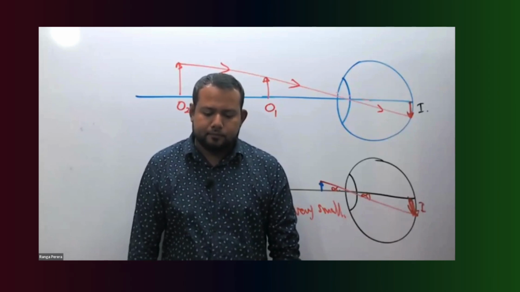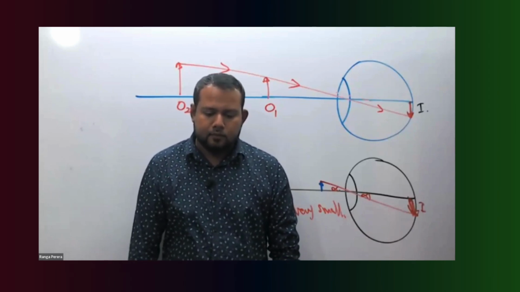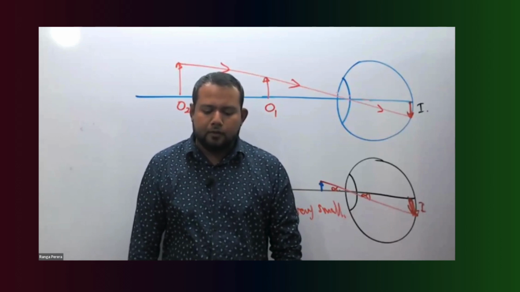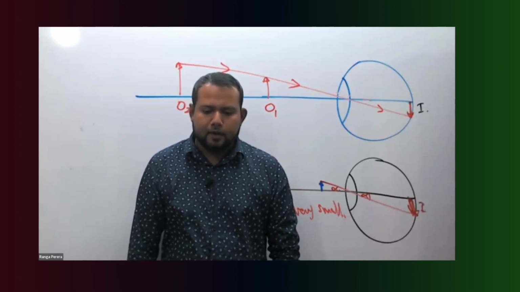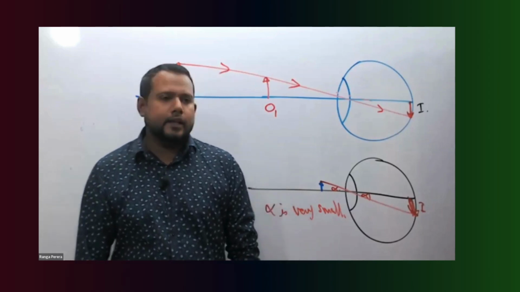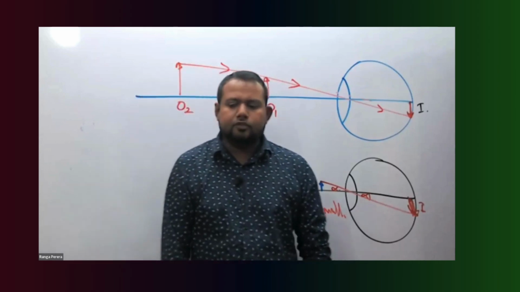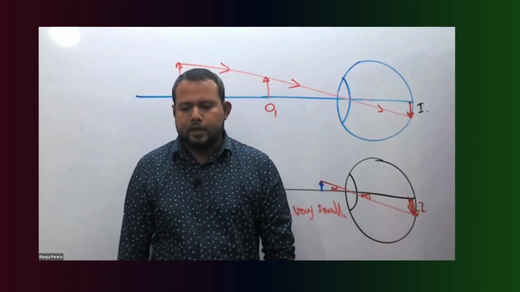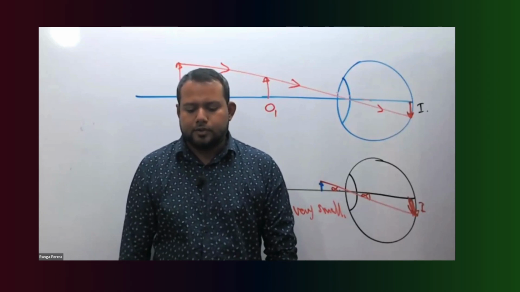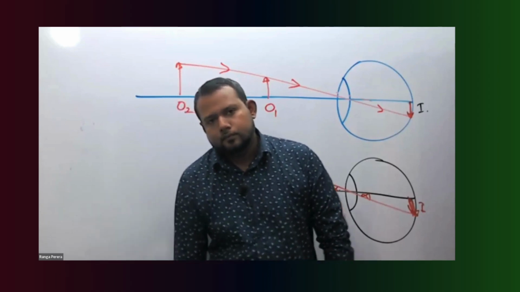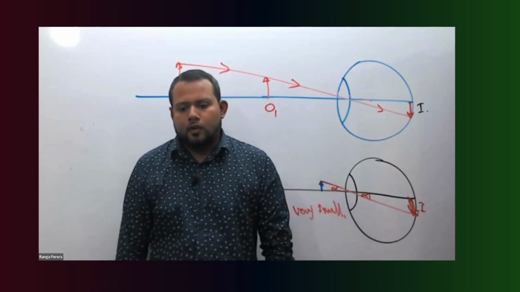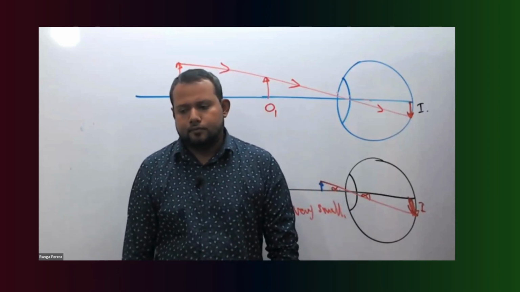Basically, there are two types of optical instruments. Number one, microscope.